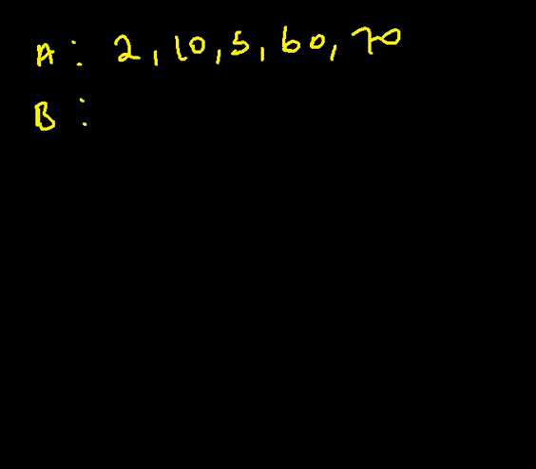Let's say we have the following sets of data values. The data set A is given as 2, 10, 5, 60, and 70. And we have the set of data values given as B: 20, 18, 19, 60, and 20.